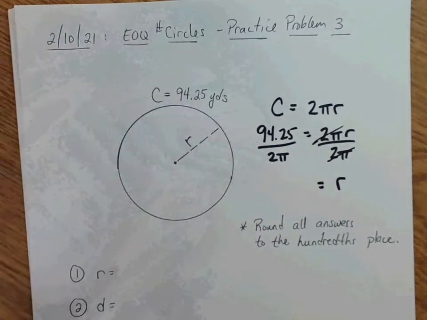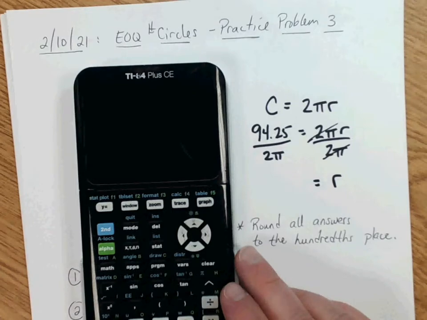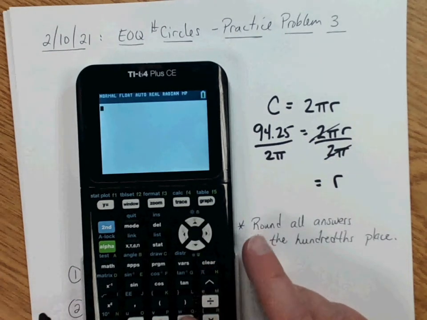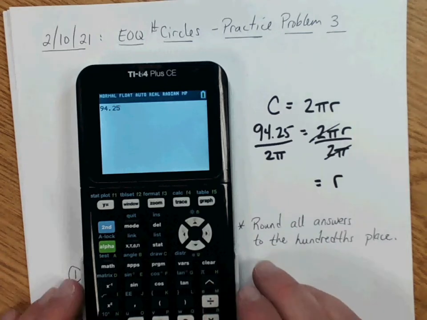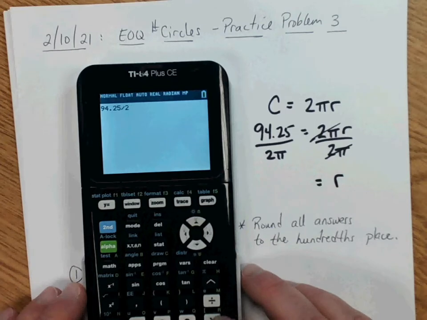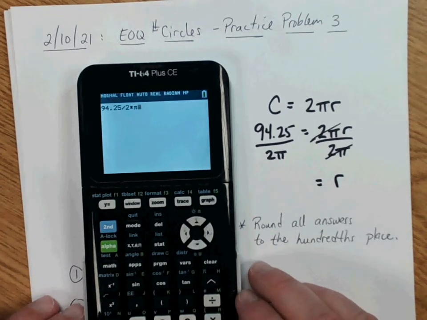So here's the problem. When you look at our calculator here, if I type 94.25 divided by 2 times pi, that's the wrong answer.